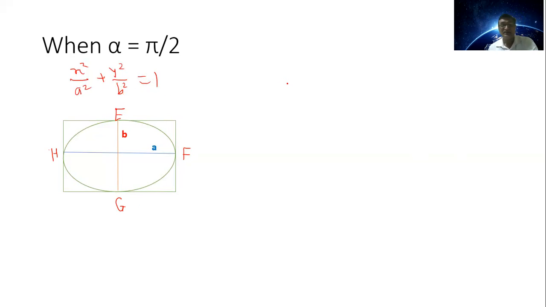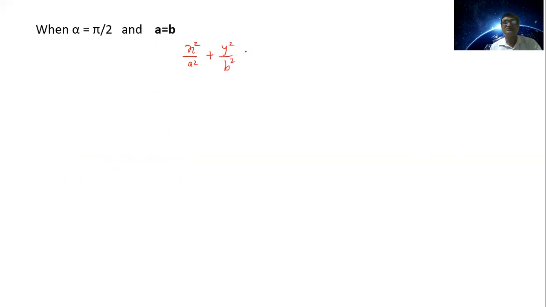Now when alpha is equal to pi by 2 and A is equal to B, we get x square upon a square plus y square upon b square is equal to 1. But a is equal to b here, and that is why we can write x square upon a square plus y square upon a square is equal to 1.